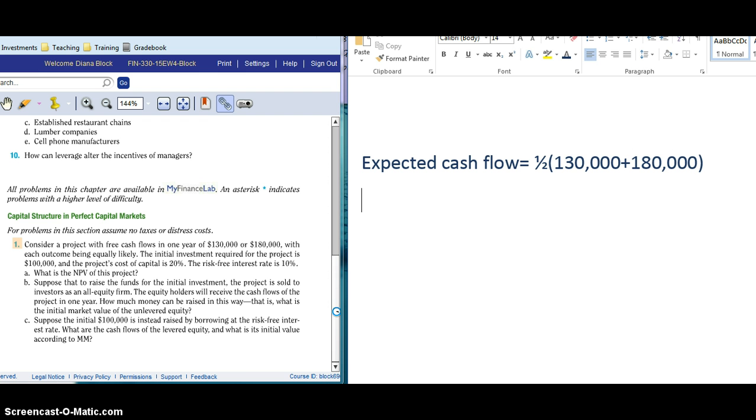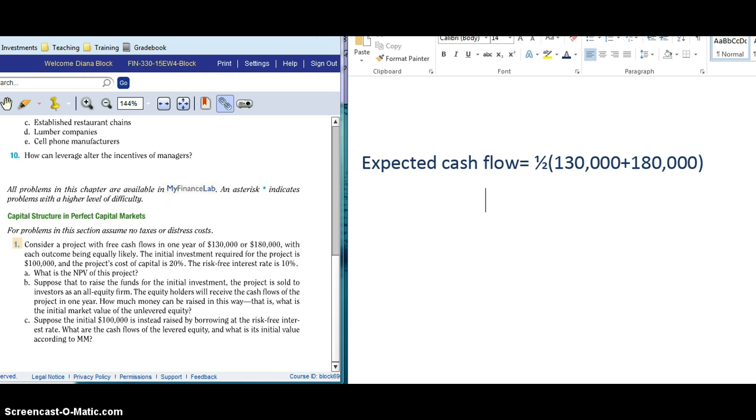This is going to effectively give us a weighted average expected cash flow. So we're going to take the two potential amounts that it could be, add them together, and then take half of that, and that's going to be our expected cash flow.